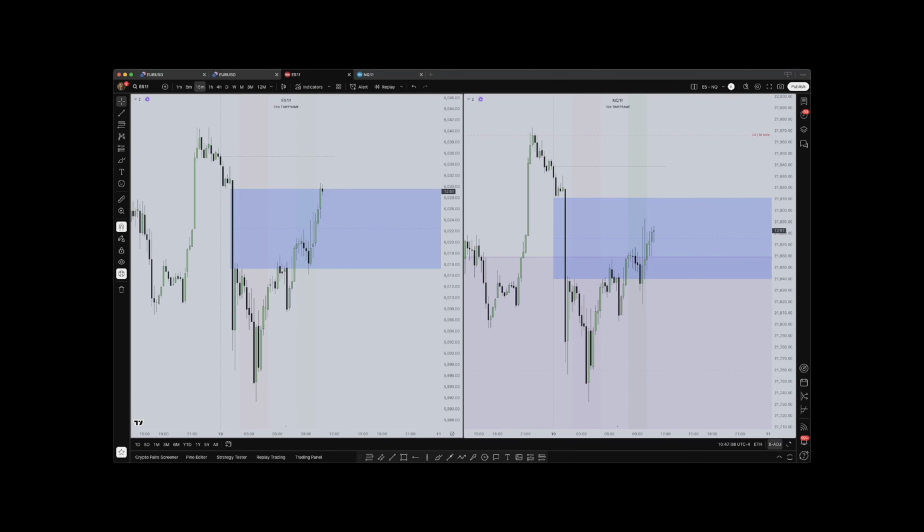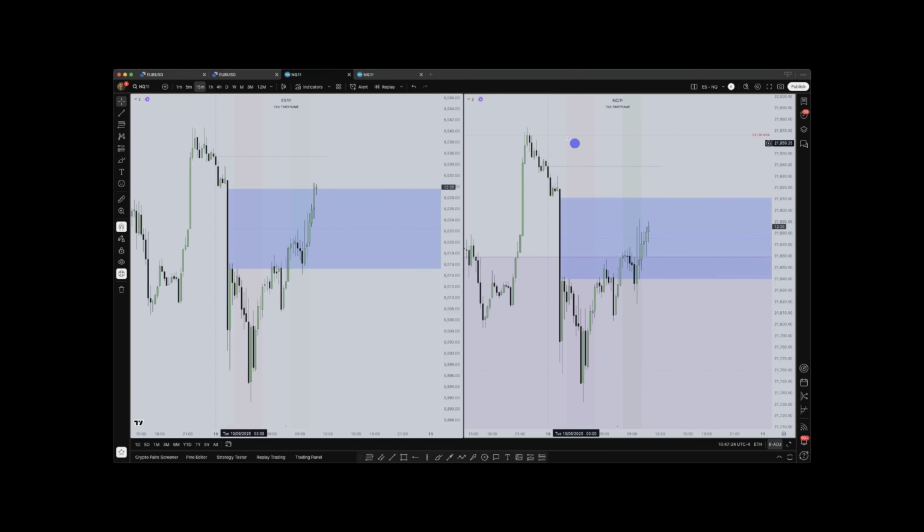So yeah, ES, Nasdaq, for me nothing to do here, really. Just waiting for levels to be hit.